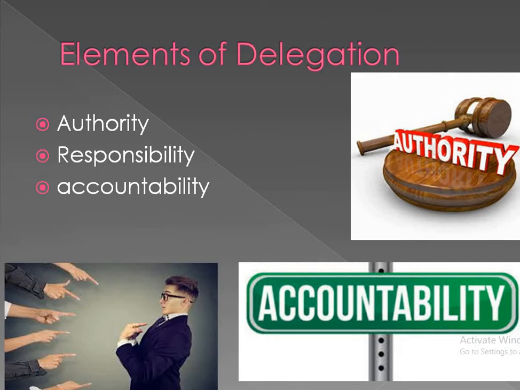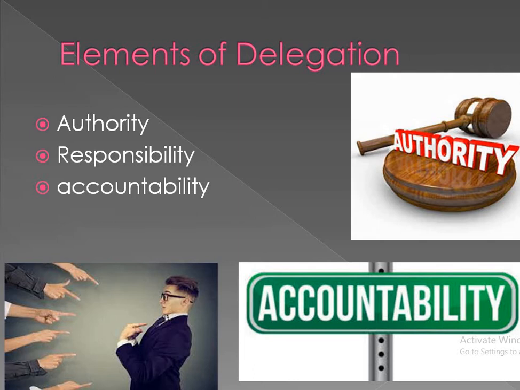Now we'll see what are the elements in delegation. Authority, responsibility and accountability. So what is authority? Authority is the legal or rightful power to command or to act. In management, authority is the power of the superior to command the subordinates to get the work done.